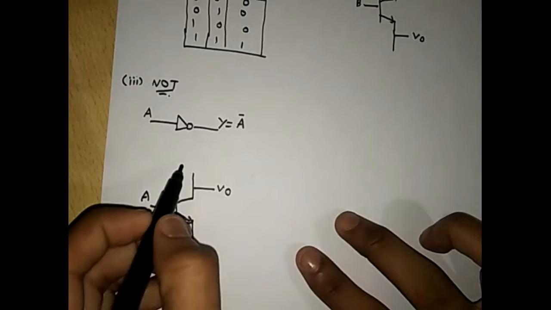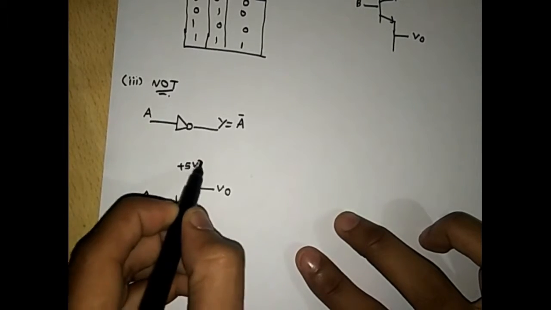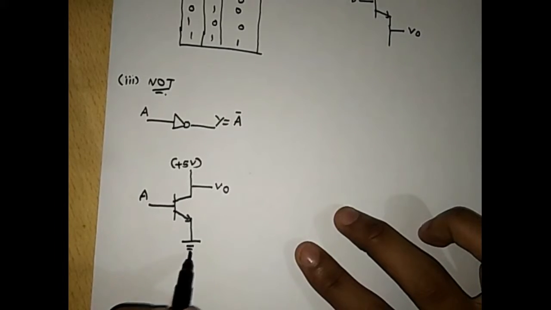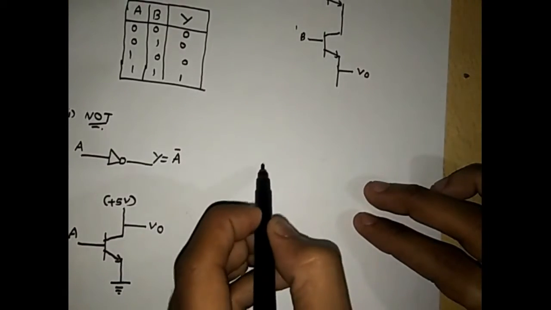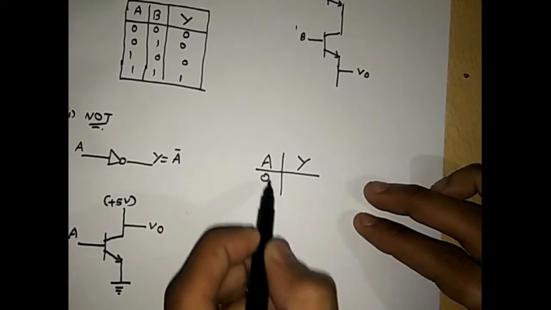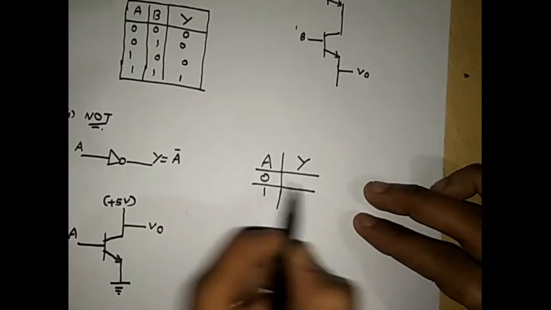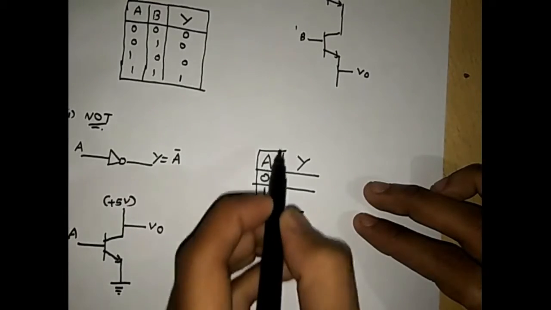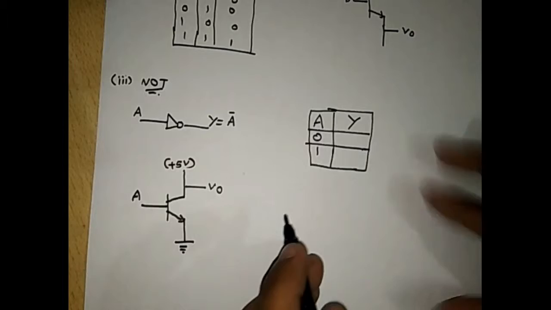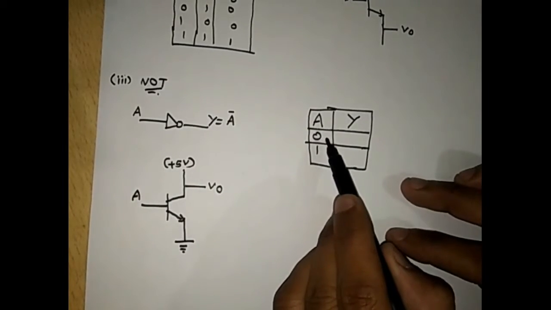This is your V naught, and this is connected to the plus 5 volt power supply, and this is connected to the ground. So what happens friends, whenever we have the input A, we have the output. The input condition is 0 and 1, only two possibilities. Now what happens when the input is 0?